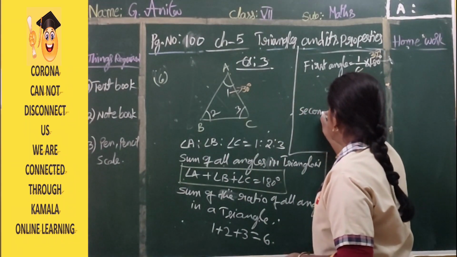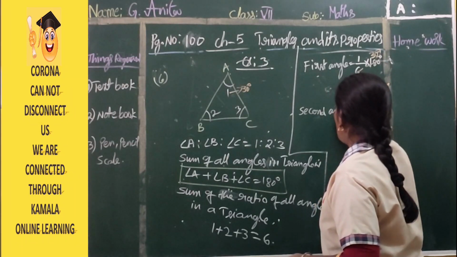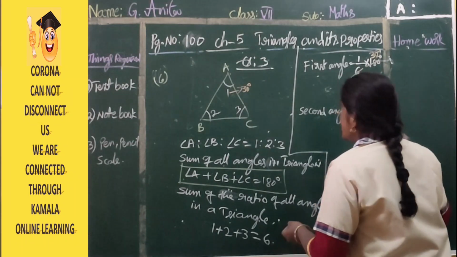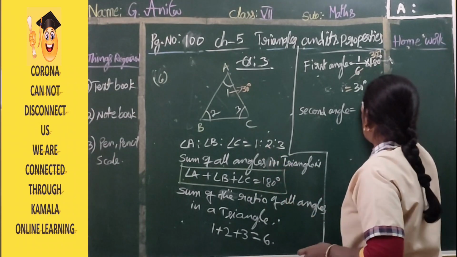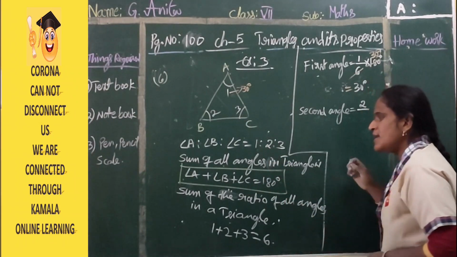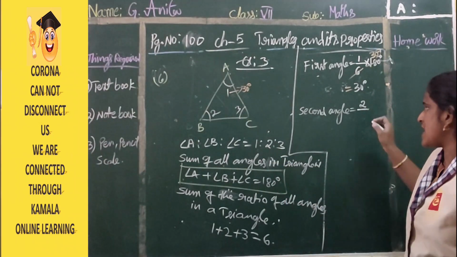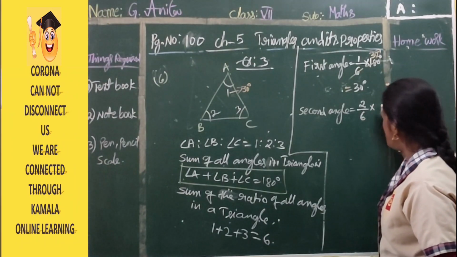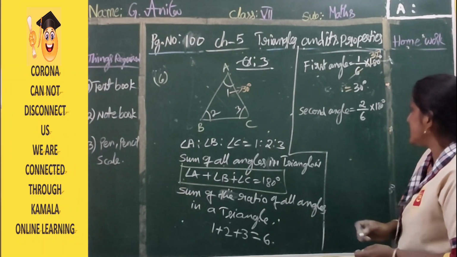How can you find the second angle? What is the ratio given for the second angle? It is 2. So 2 by the sum of the ratio of all angles, 6, into 180 degrees.